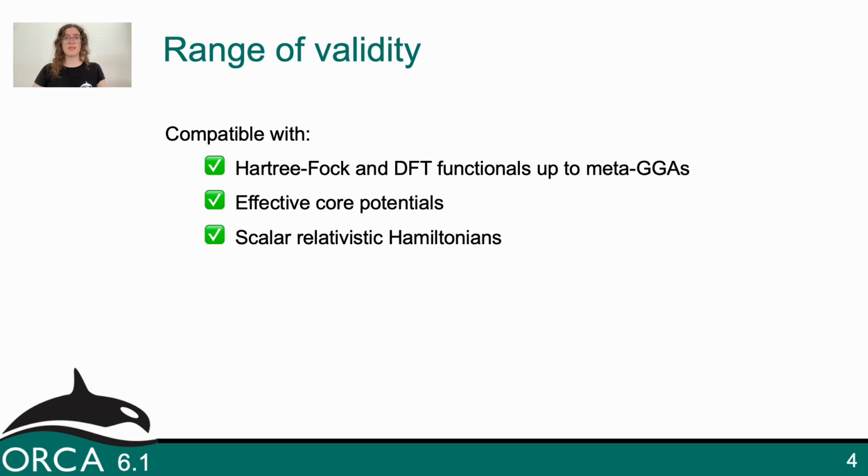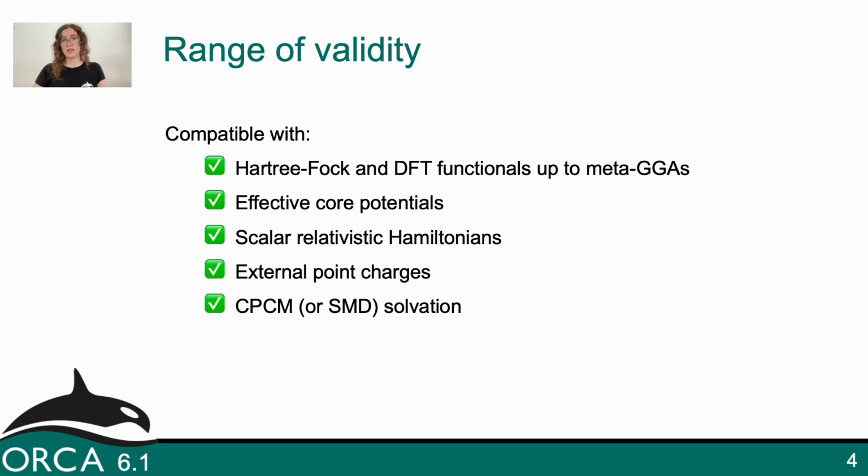It works in case you use some scalar relativistic Hamiltonian. It also works in case you have some external point charges, and it has also been implemented for implicit solvation with CPCM. The main limitation is that we have restricted ourselves to only static perturbations, so for dynamic polarizability derivatives you still need to use the numerical approach so far.